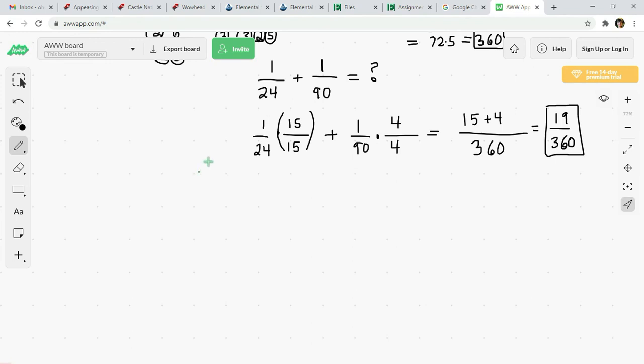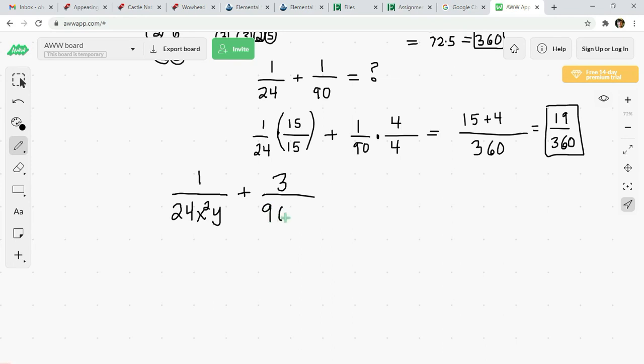Let's suppose that we've got something like 1 over, how about 24x squared y, plus, let's say, 3 over, let's make it 90 again.